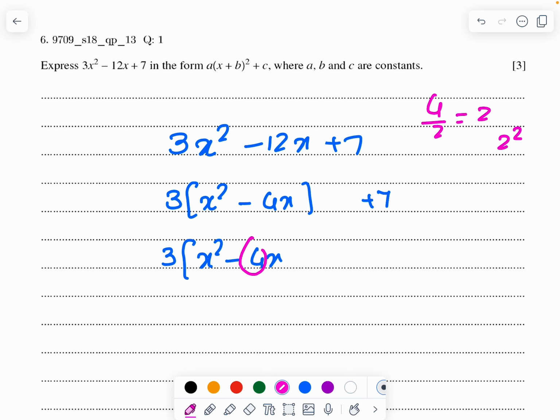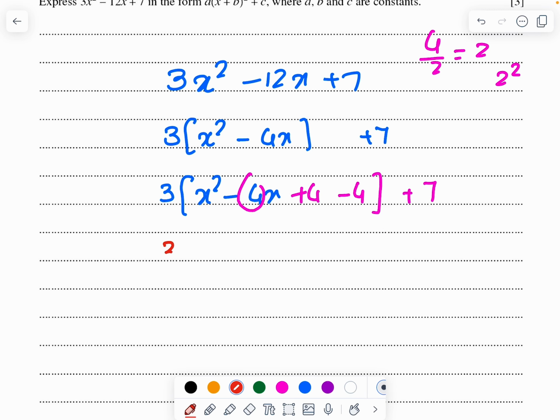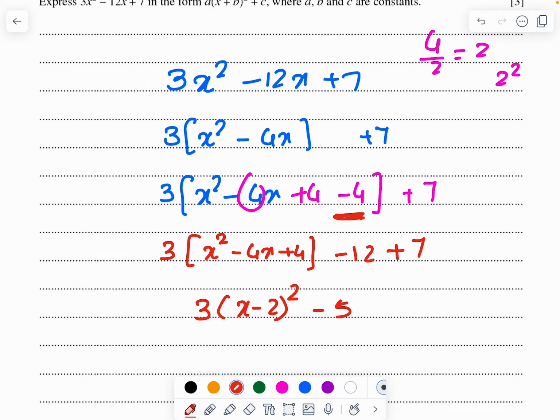So 2 square, add 4, subtract 4. Then plus 7. So what does that become now? 3 times x square minus 4x plus 4, minus 12. Separate this 4 as it is, plus 7. So it becomes 3 times x minus 2 whole square minus 5. That's going to be the answer.